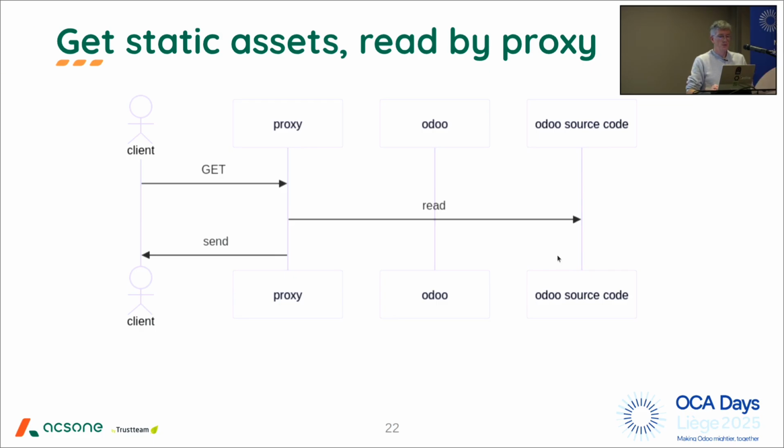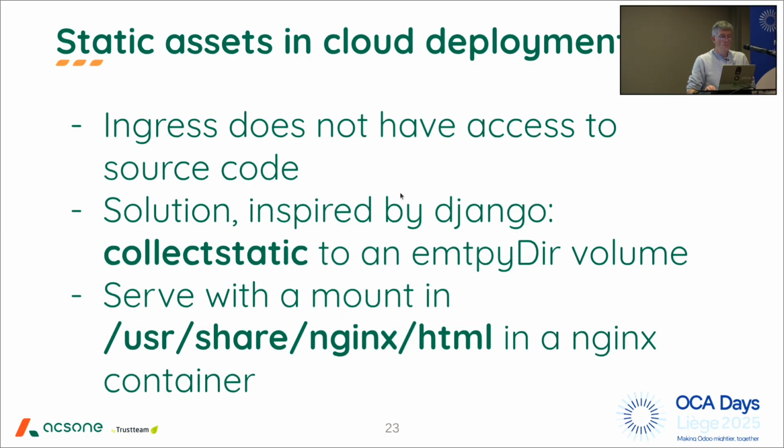What that configuration does is that it's the proxy that serves it, and it doesn't even involve Odoo. If it's a static file, it goes directly to the Odoo source code. But in a cloud deployment, your ingress typically does not have access to your Odoo source code. And also the add-ons can be in different directories, so it's not easy to find where they are stored.